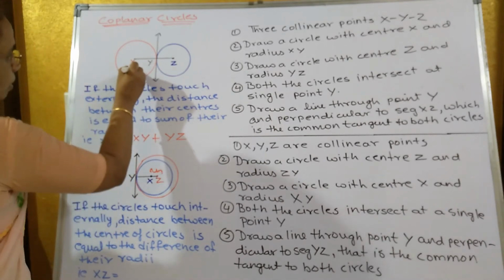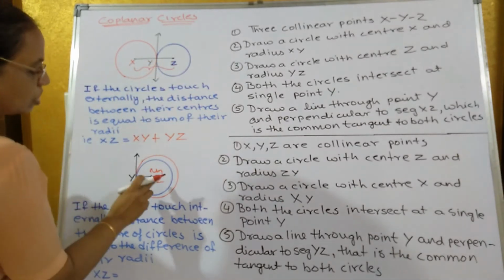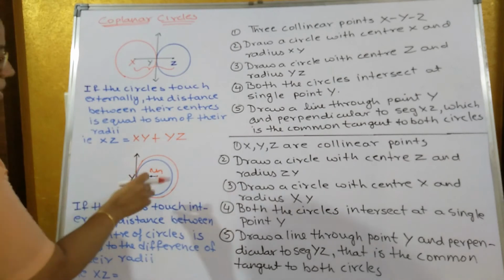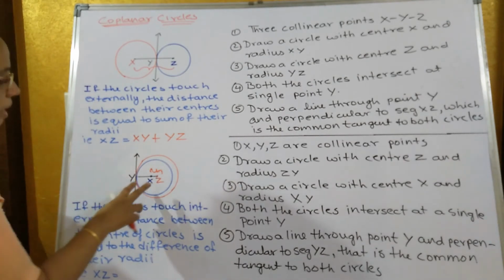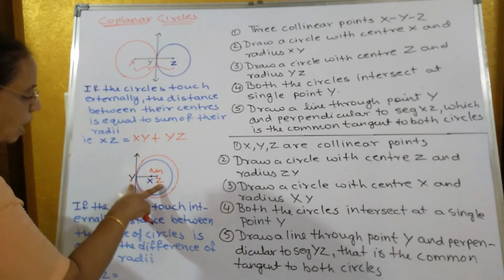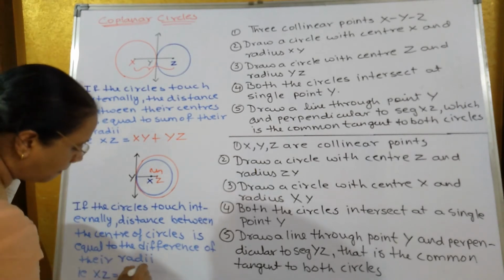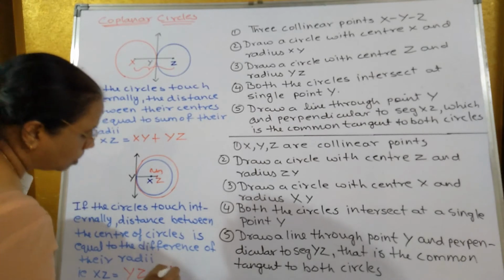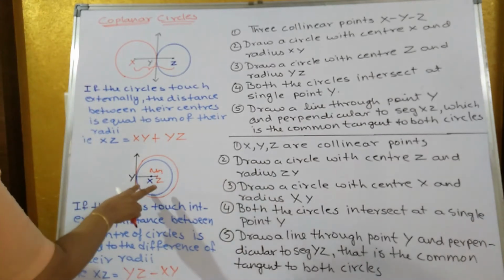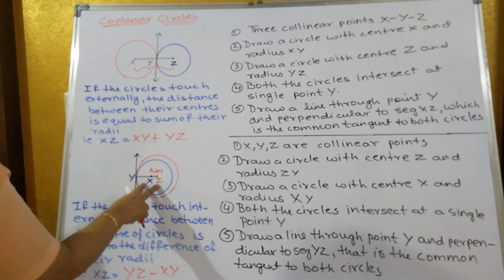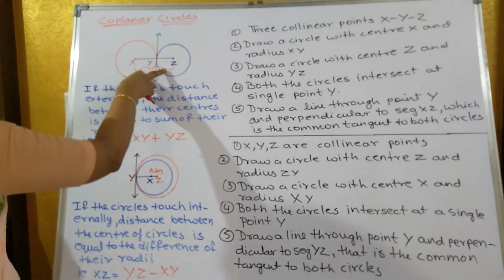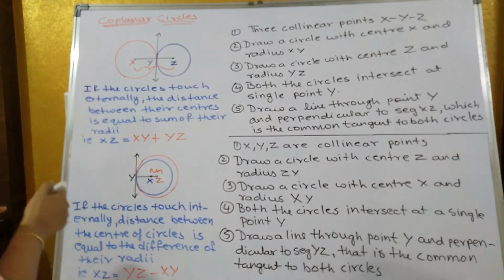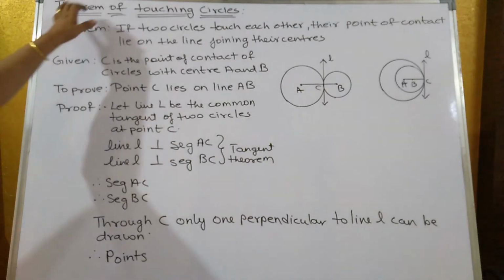So XZ will be equal to YZ minus XY. This is the difference, this is the distance between the two centers. Over here you have to take the difference between the two radii, and in the external case you have to add the sum of the radii.